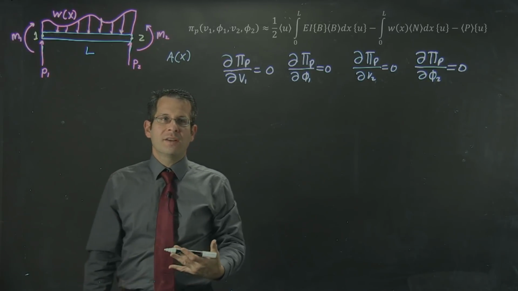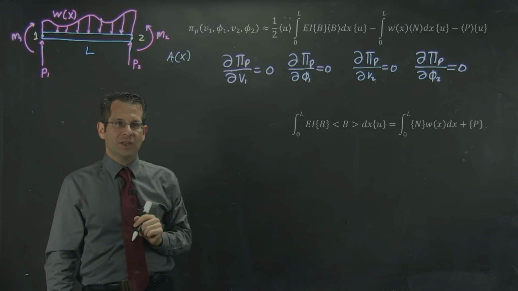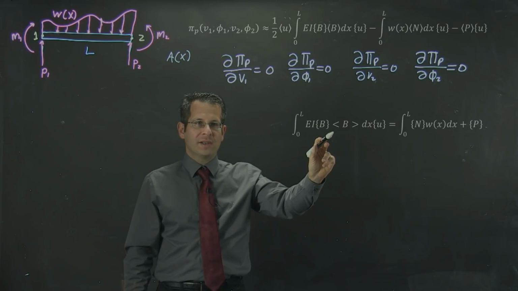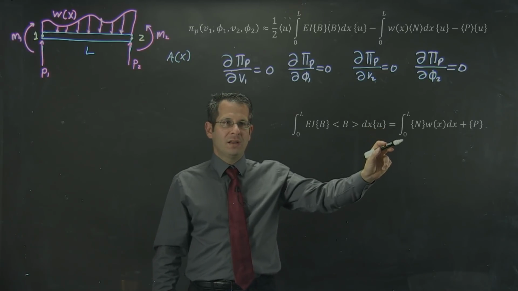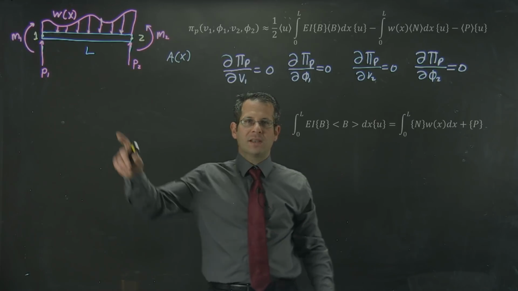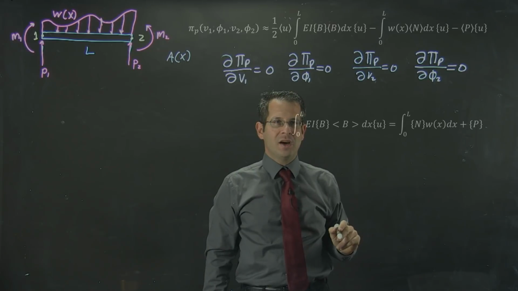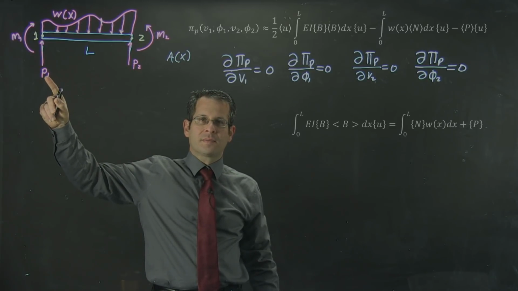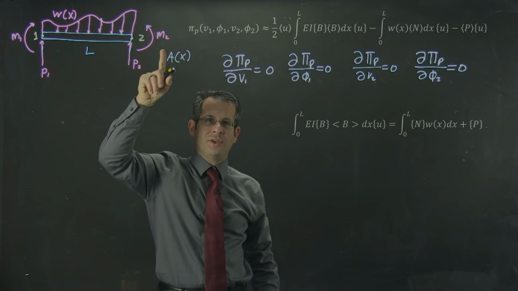So without going through any of the minutiae, when I take these partial derivatives, I will end up with this equation, where now I have the integral of EI, b column vector times b row vector, dx, times a single u, equals the integral from 0 to L of n, which has gone from a column vector to a row vector, times w(x), remember that's our function defining our distributed load, plus this p vector, which I previously defined in the last video as simply a vector of force applied at node 1, moment applied at node 1, force applied at node 2, moment applied at node 2.